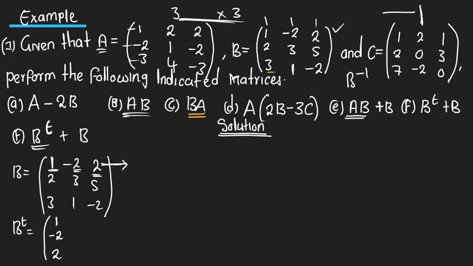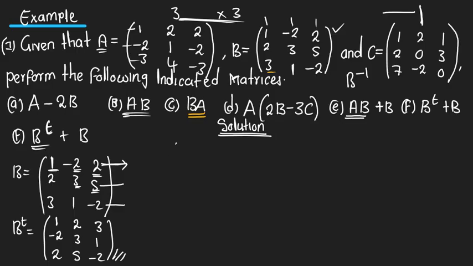Then I go to this row. I transpose the 2 like that. Then the 3, then the 5. I go to the last one: 3, 1, minus 2. That's what we call B transpose.